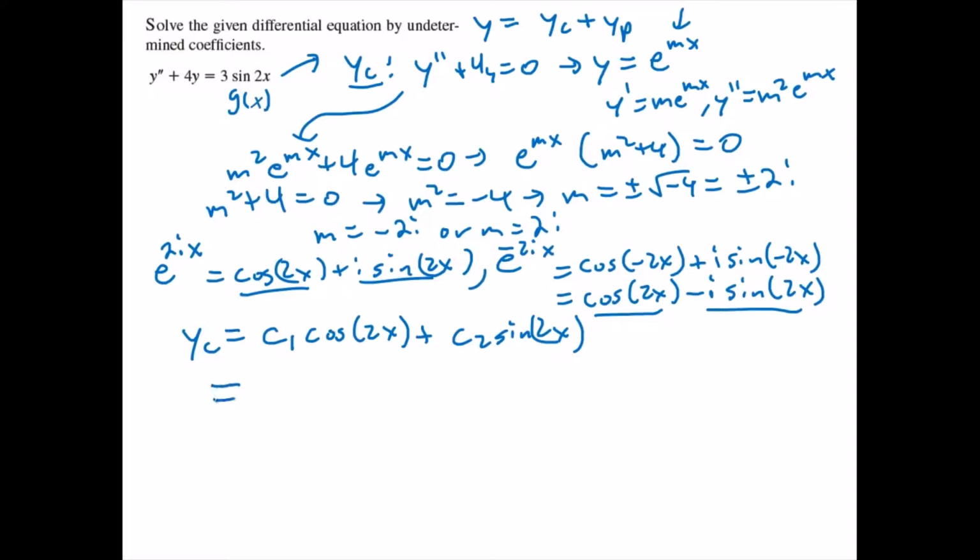So now we'll need to find our particular solution, y sub p. Well, we should note that the right-hand side, that g of x, is equal to 3 times the sine of 2x. And so what we'll try to do is find a possible function that we can use to help us with this. We could come up with something, but we do have a table that can help us.